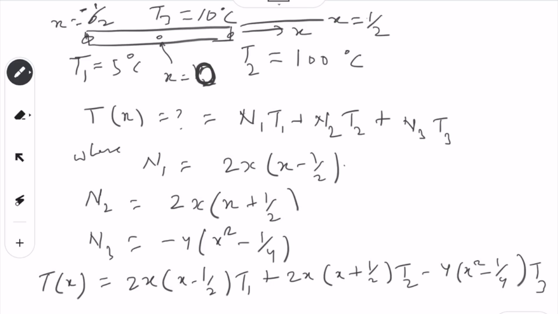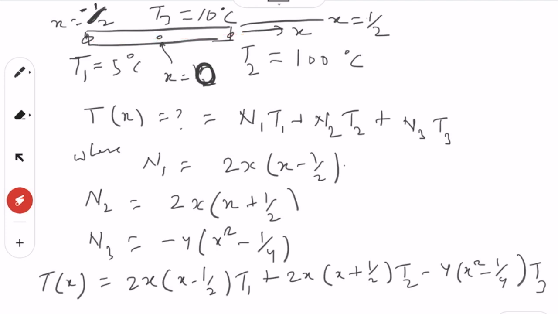So we have to formulate accordingly. If it is given otherwise, we have to convert it into the standard format. Since this is a 3 noded element, we derived N1, N2, N3 with the origin in the middle. Hence, when we interpolate, we also have to place the origin in the middle. Then only it will match. Otherwise, it will be a problem.